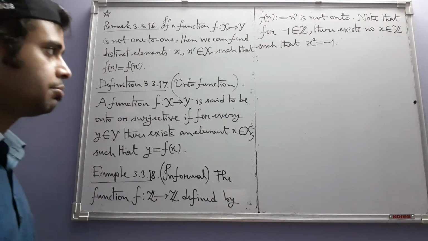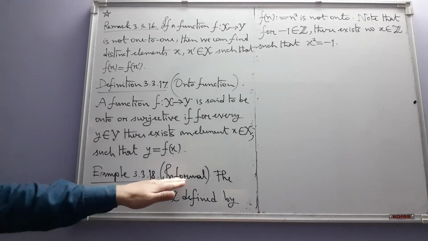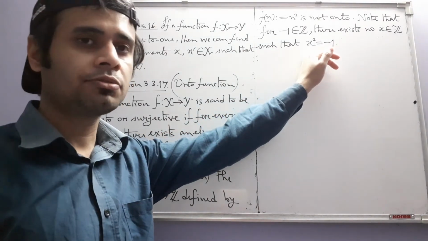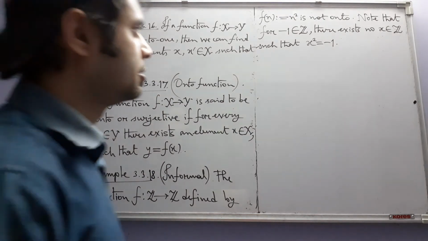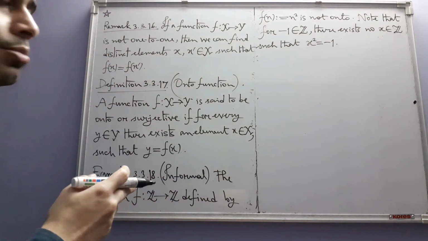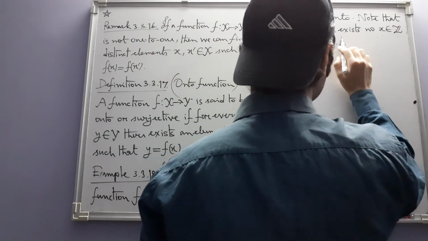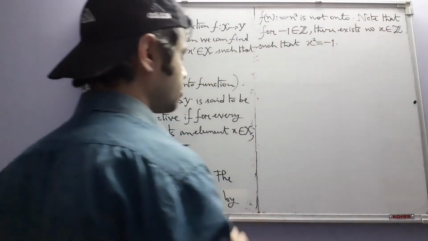From basic properties of real numbers, that's why this example is informal, we know that the square of a real number is always non-negative. It can never be negative. So there is no such x. And if there is no such real x, then all the more so there is no such integer. Hence, as we have already written, it's not onto.